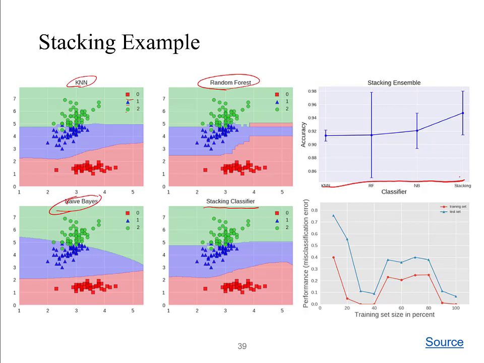As you can see, the performance in terms of accuracy of the stacking method is much higher than any of these base classifiers. And from the figure, you can also see how it makes use of different base classifiers. It actually takes into consideration the result from each and every base classifier.